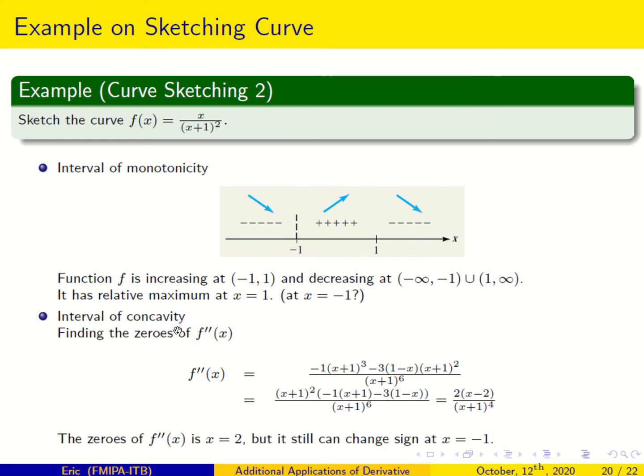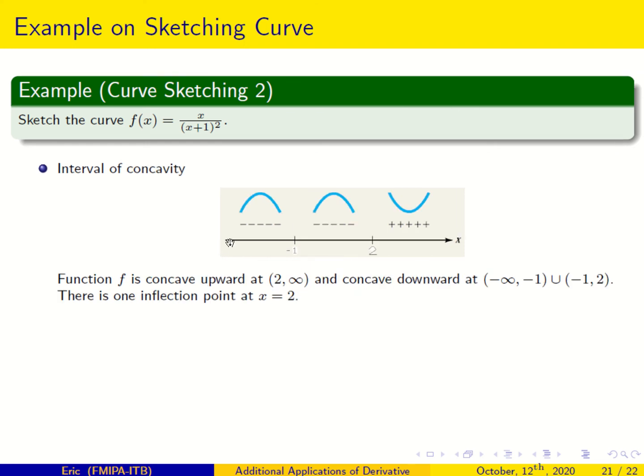What about the interval of concavity? I find the second derivative using the same formula. You can find this. The zero is given by x equals 2, but it still can change signs at x equals minus 1. So I can do the diagram for f double prime.